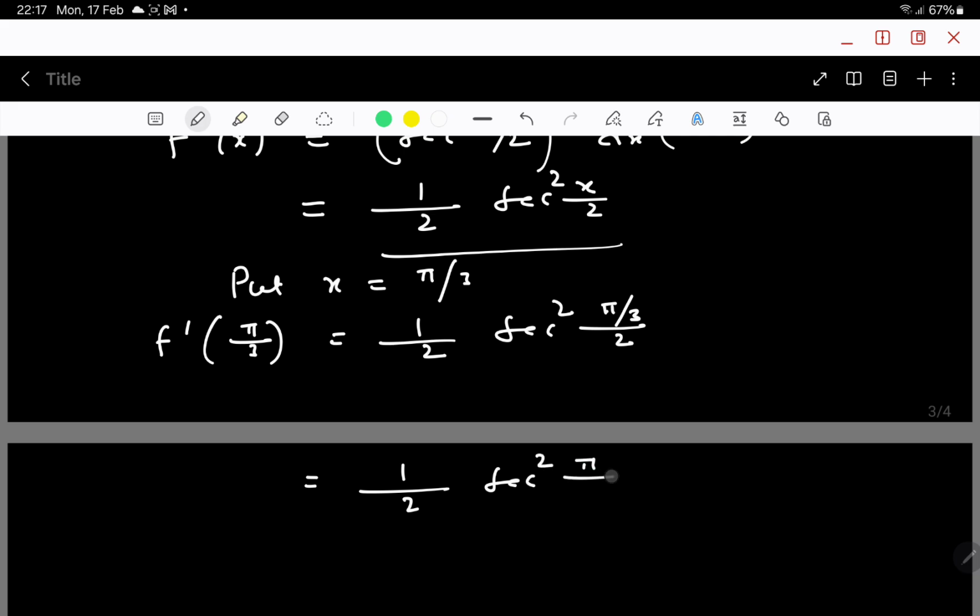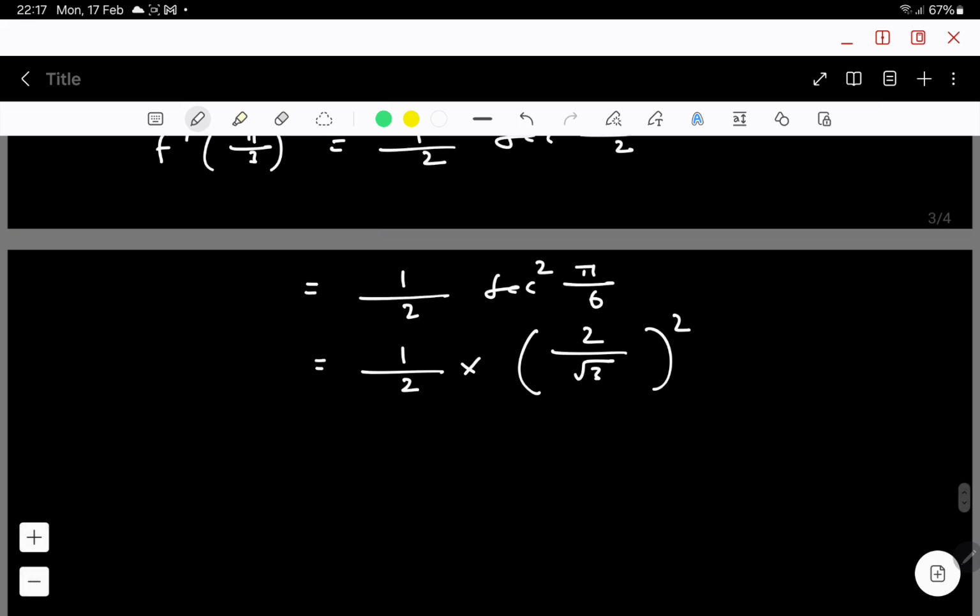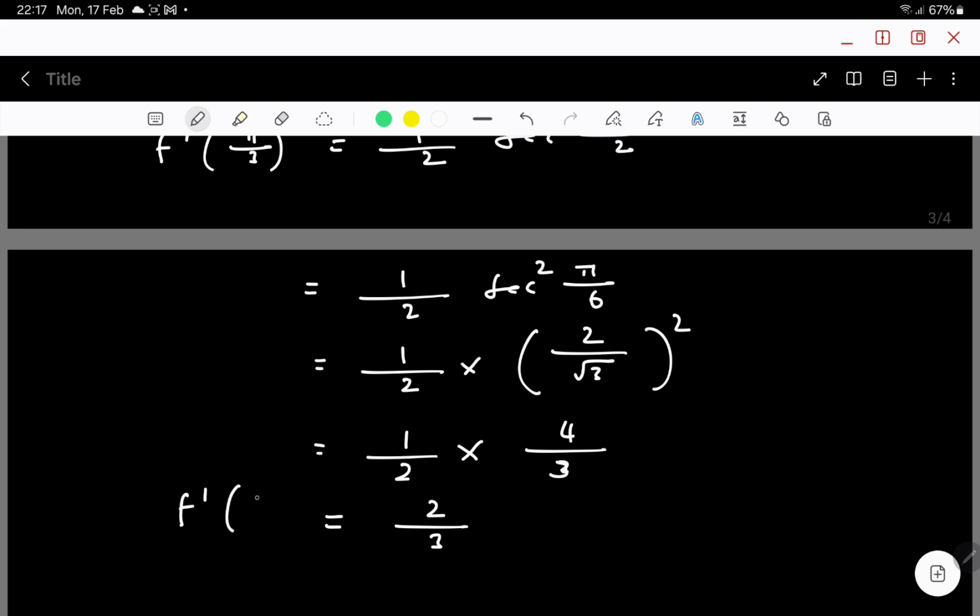Secant square pi by 6. Secant pi by 6 is 2 by root 3, the reciprocal of cos. We know cos pi by 6 is root 3 by 2, and secant is the reciprocal of cos, so 2 by root 3 the whole square. So 1 by 2 times 4 by root 3 square, which is 3. 4 by 2 is 2, so we get the answer as 2 by 3, that is f dash of pi by 3.